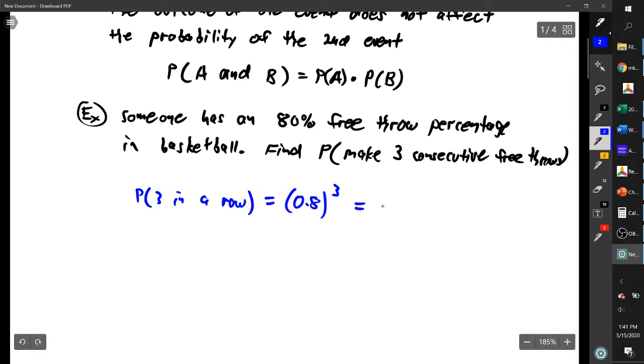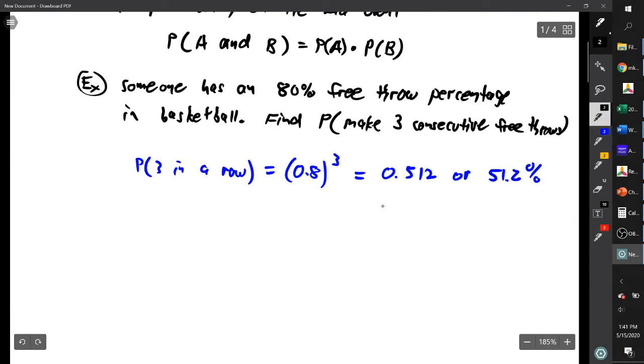And so what do we get here? 0.8 cubed is 0.512. So a 51.2% chance that this person has of making all three in a row. Okay? One more example like this, then we'll move on to the next kind of thing.